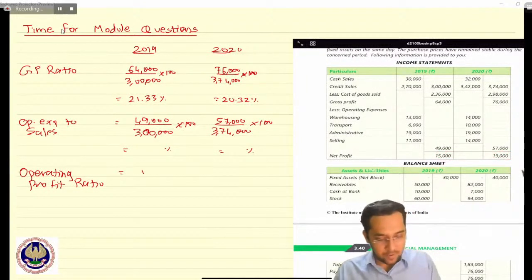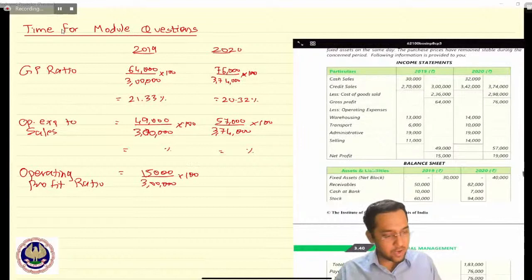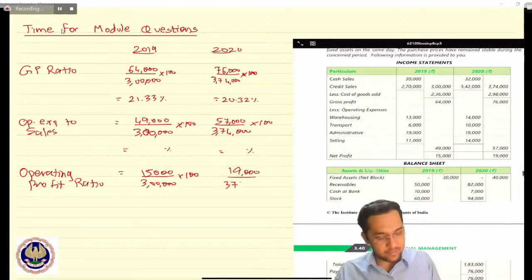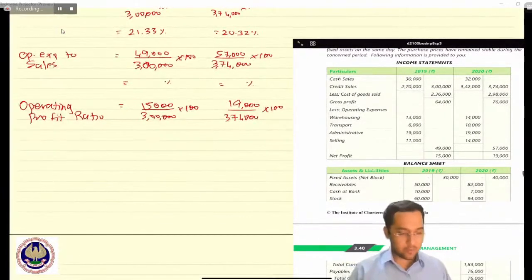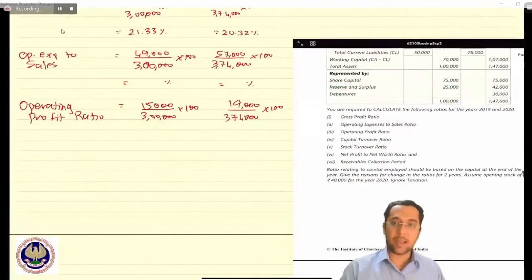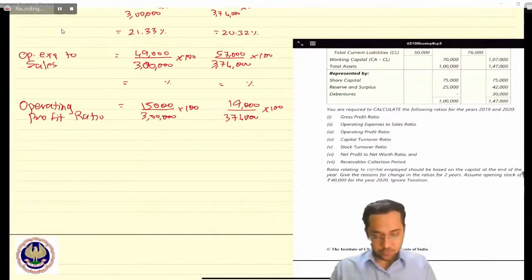So operating profit will be 15,000 divided by 3 lakh into 100. And for 2020, it's going to be 19,000 divided by 3,74,200.